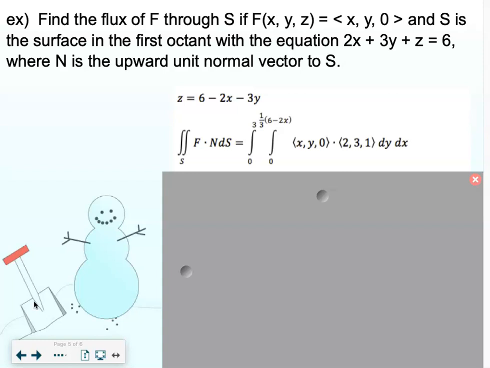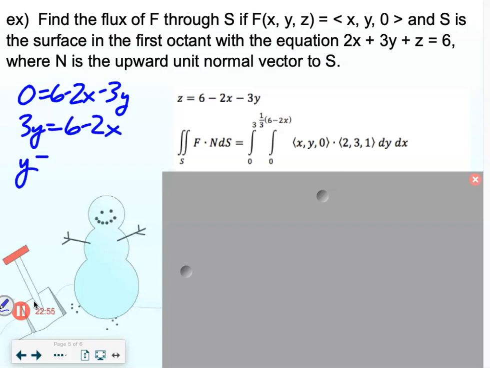And then how do you find your limits for your integral? If you set z equal to 0, you get 3y equals 6 minus 2x, so y equals 2 minus 2/3 x.